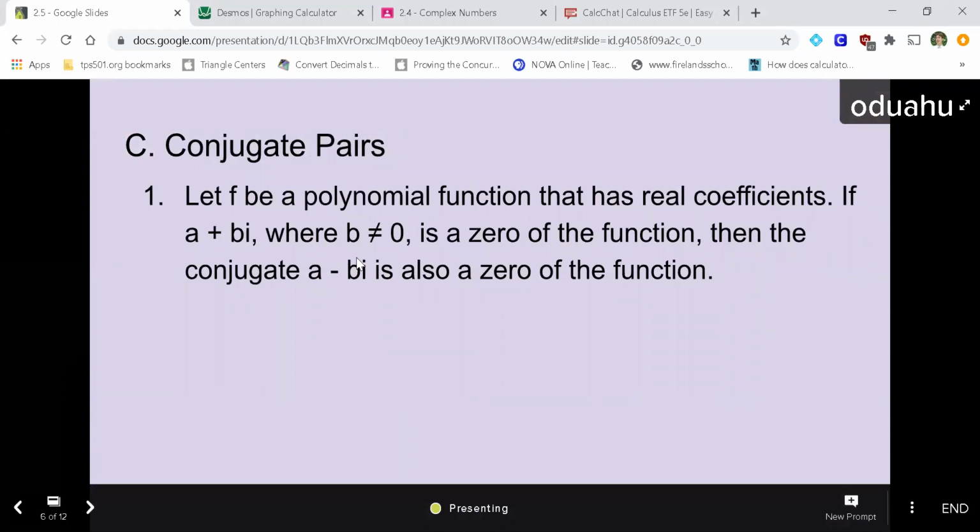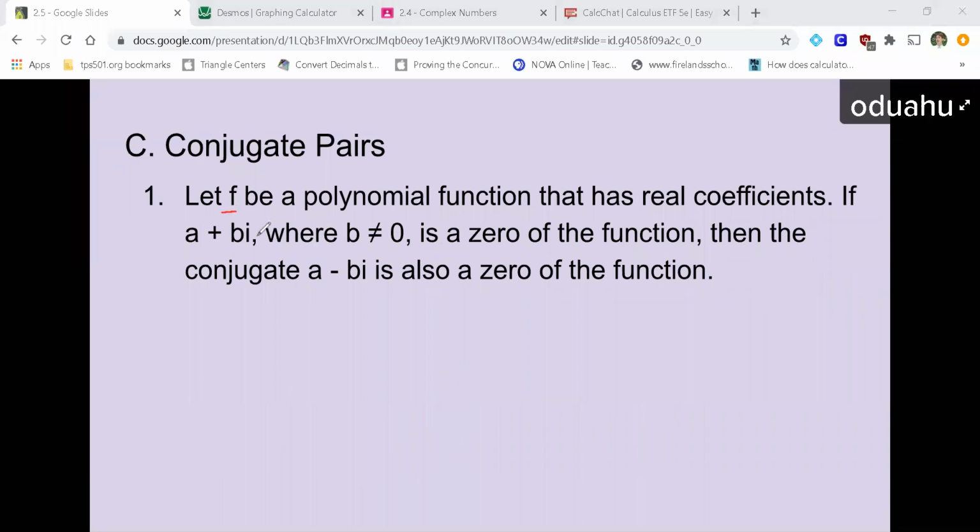Okay, here's the rule. It's actually a pretty useful rule. If f is a polynomial function and a plus bi is a 0, then a minus bi is also a 0. Note that b cannot equal 0.